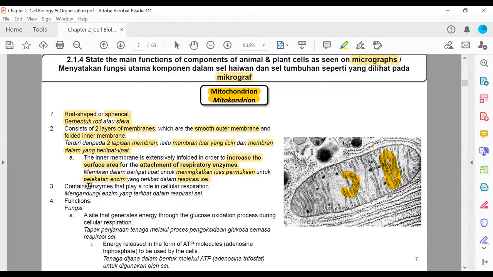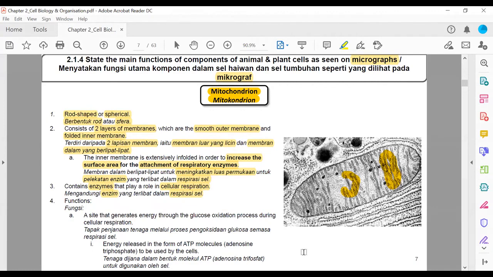Contains enzymes, mengandungi enzymes that play a role in cellular respiration. Mengandungi enzim yang terlibat dalam respirasi sel. Jadi, apa yang berlaku dalam organel ini? Dalam organel ini berlaku satu proses yang dipanggil sebagai cellular respiration ataupun dalam BM respirasi sel.